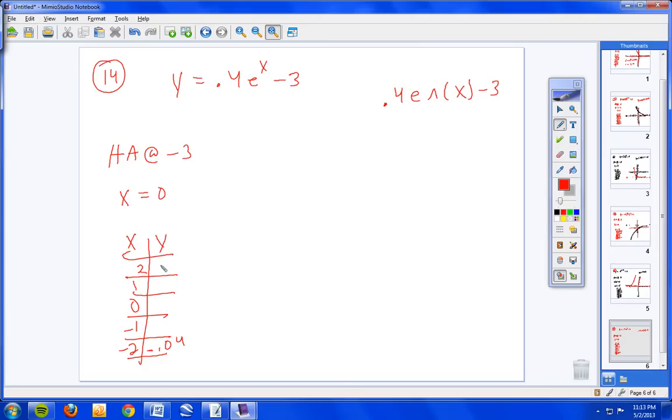That would be right up here. Sorry about that. Negative 2 would be negative 0.04, and 1 would be negative 1.9, and 0 would be negative 2.6, and negative 1 would be negative 2.8, getting closer and closer to negative 3, and negative 2 is negative 2.9.